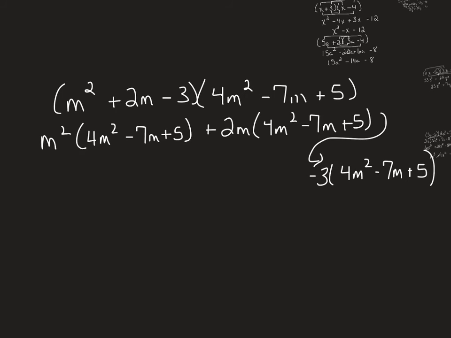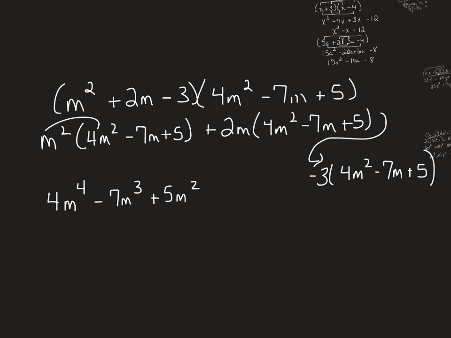Now let's distribute. M squared times 4m squared is 4m to the 4th. M squared times negative 7m is negative 7m cubed. And m squared times 5 is plus 5m squared.